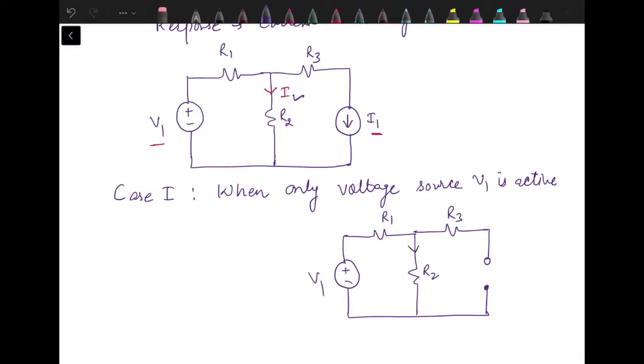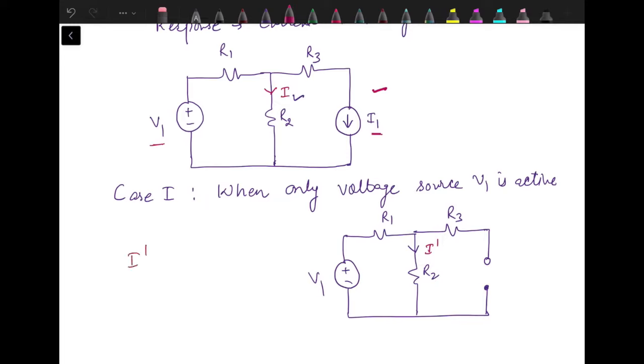And then we need to find out this current. Now earlier I have denoted it as I. As the current source is replaced by open circuit, so circuit is now different from this case. So I will denote this current as I dash because it's not same as I.